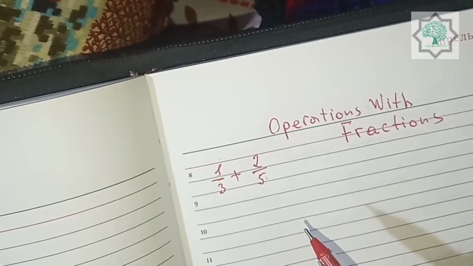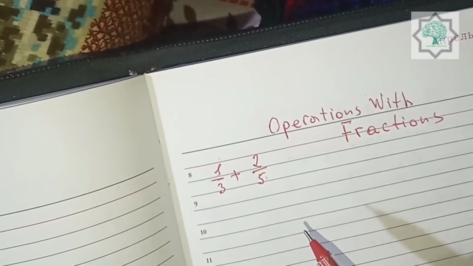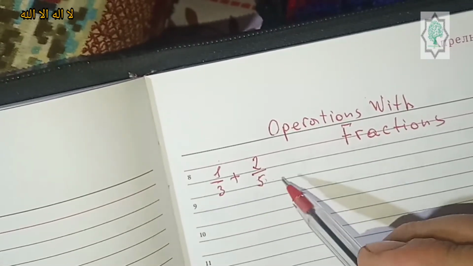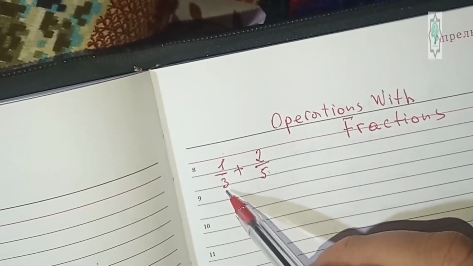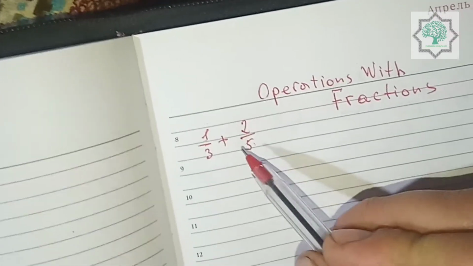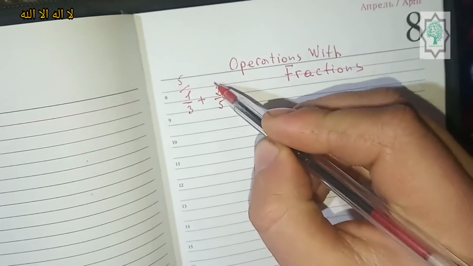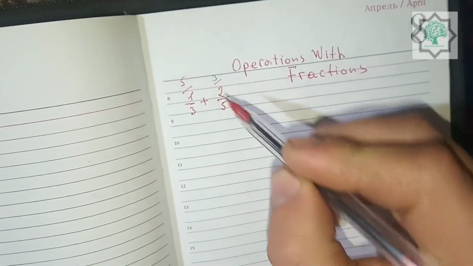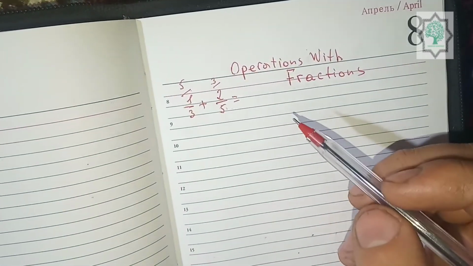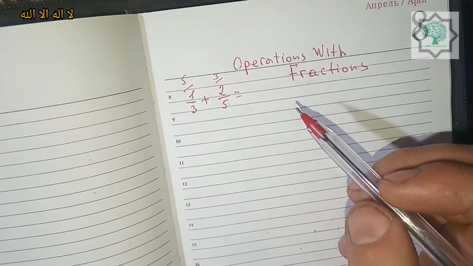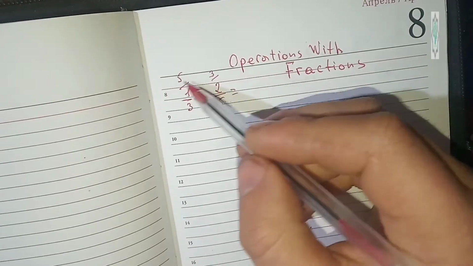To add the fractions, divide each denominator into 15. So if we divide 3 into 15, we have 5, and in this case we have 3, and then multiply the result by the given numerator.